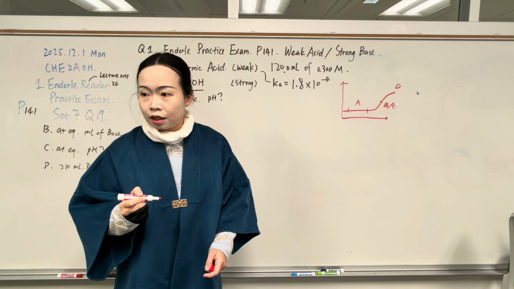Okay, A, 40 milliliters of base. Did I forget to write the concentration of that? Yes. 0.2. Okay, 40 milliliters, then 0.2, and I'll reuse the number.